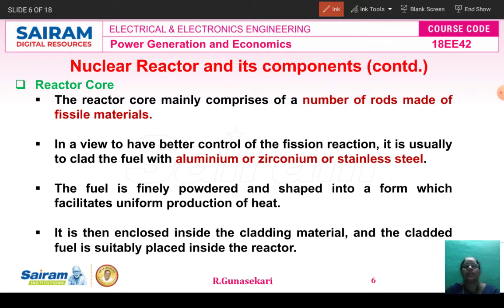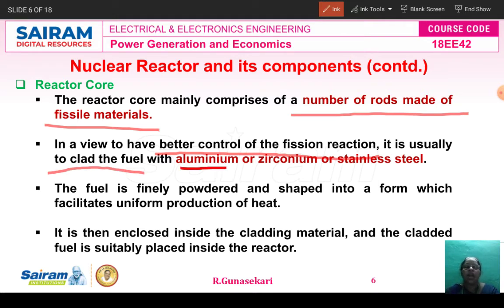Then the reactor core. The reactor core mainly comprises a number of rods made up of fissile material. For better control of the fission reaction process, the reactor core usually clads the fuel with aluminum, zirconium, or stainless steel.